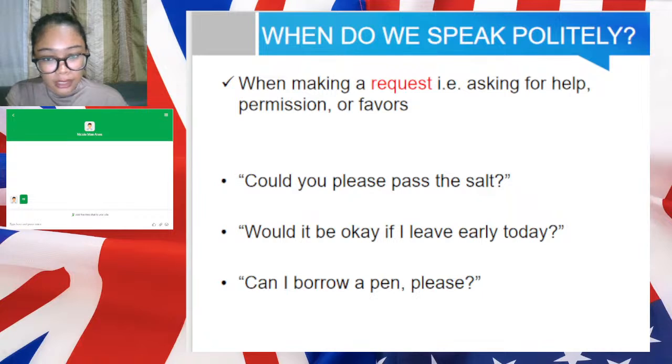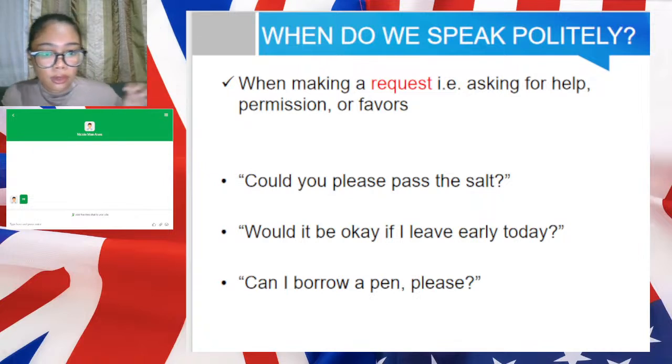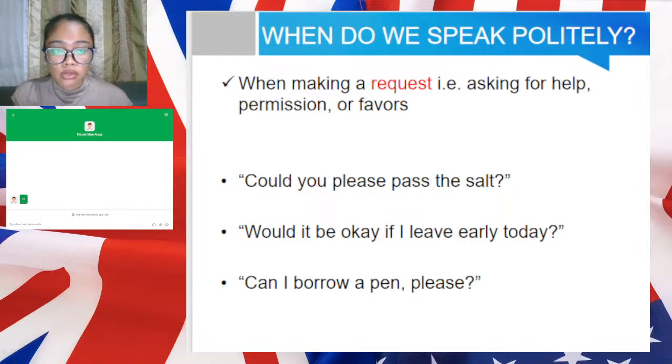That is the perfect time to show politeness, because you're making a request and you want someone to grant your request, so you show them how polite you are to them.